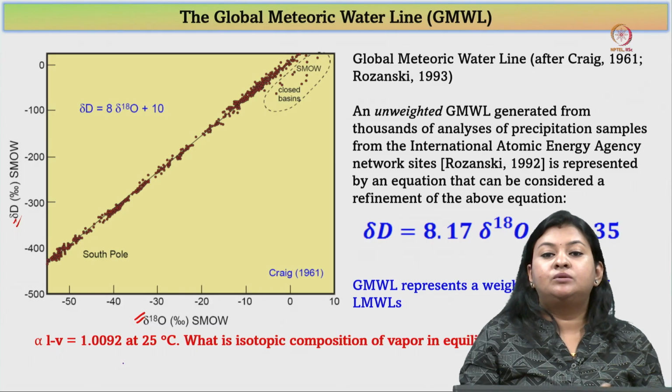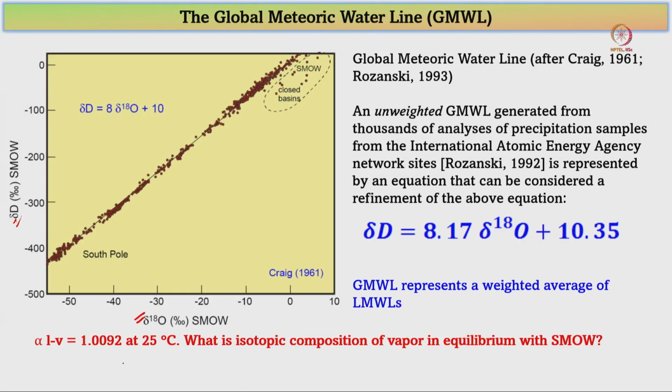So for the community, having this kind of relationship was a great idea, because if you had the δ¹⁸O value of your rainfall and you know the meteoric water line equation, you can calculate the δD value with a good confidence level.